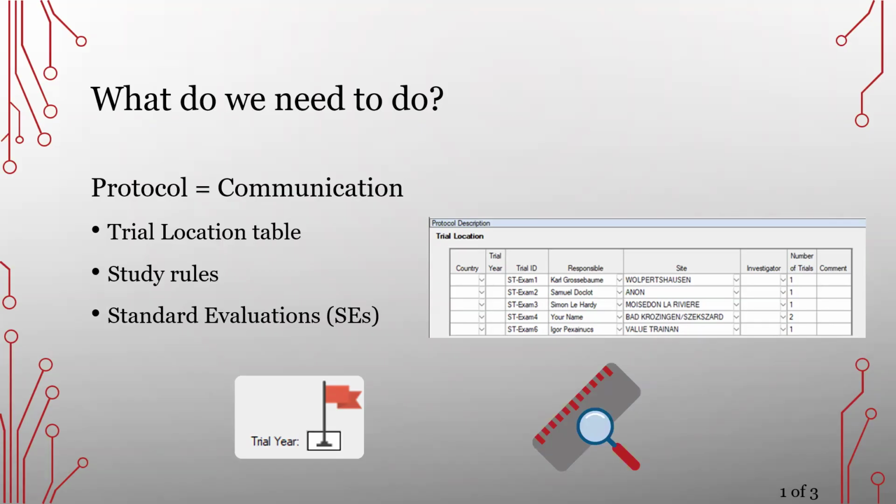And third would be standard evaluations, or SEs. Those are just templates for describing assessments. Distributing those will instruct the trialist on what ratings to perform, and most importantly, creates consistency in how that trial data is entered.